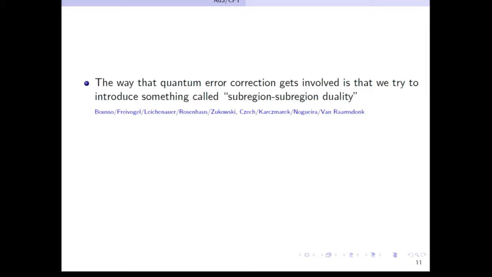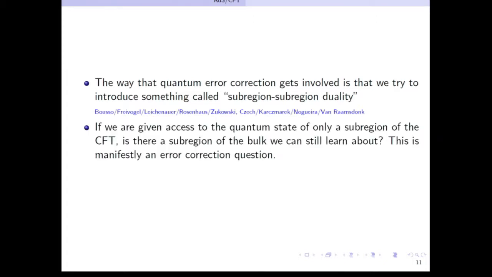So this was something maybe three or four years ago that these people were thinking about. The idea, said in a more computer scientist-friendly way, is say we're given access to the quantum state of only a sub-region of the CFT. Remember, the CFT is a quantum field theory on a sphere. So the Hilbert space is spanned by field configurations on a sphere.